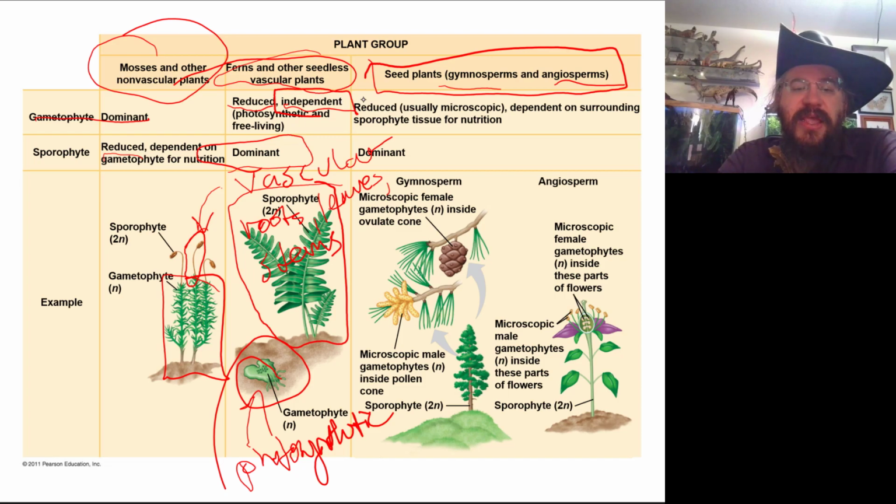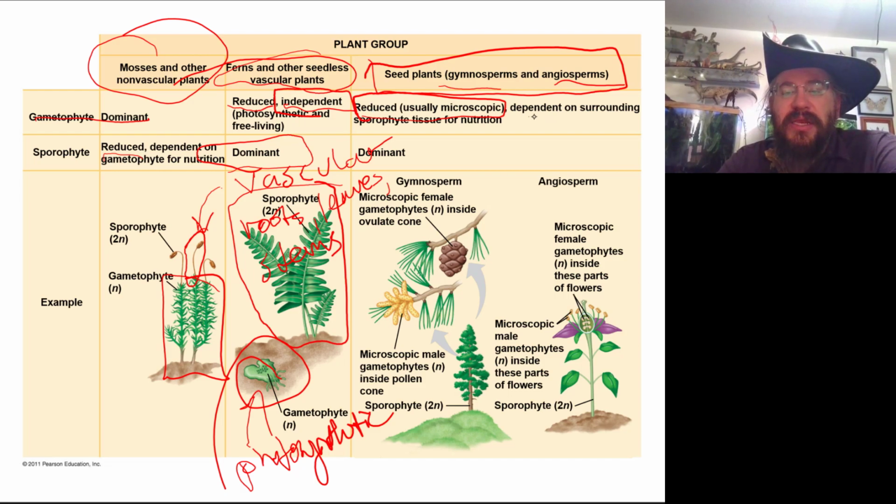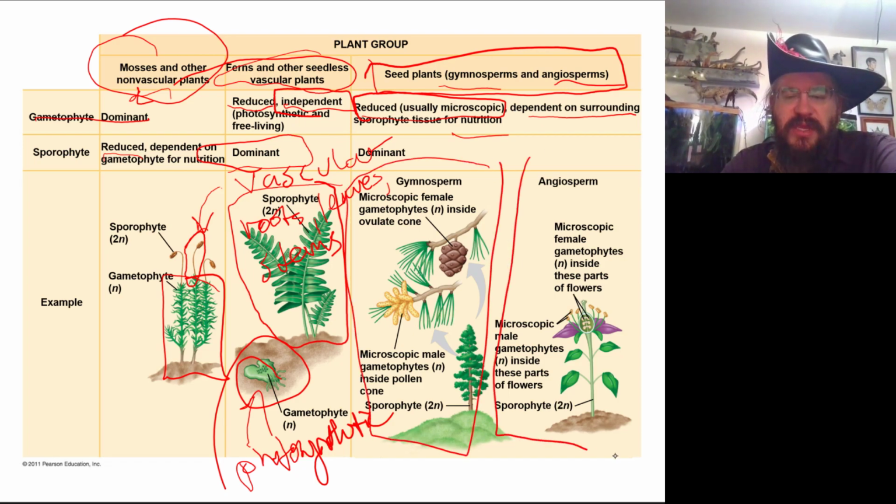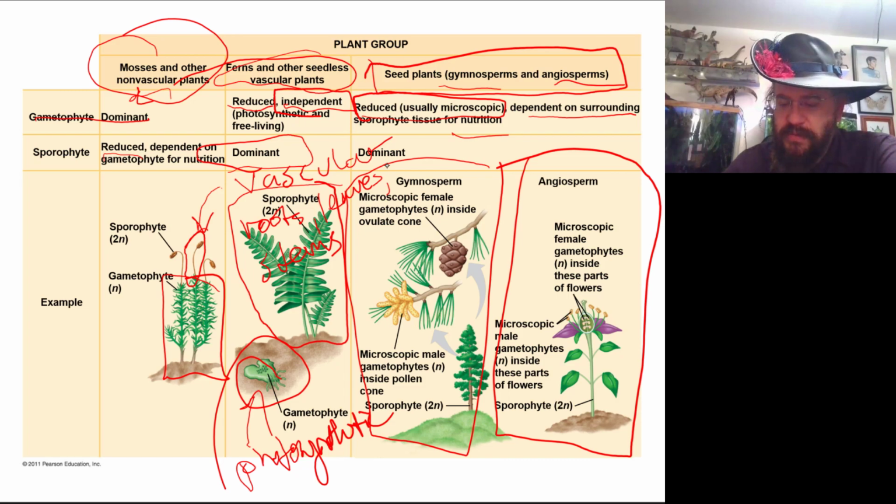So the gametophyte is generally microscopic at this point, and now it is completely dependent on the sporophyte for nutrition. So kind of hit the reverse of our mosses and non-vascular plants there. That's kind of fun. And we'll get into the big features of each group.